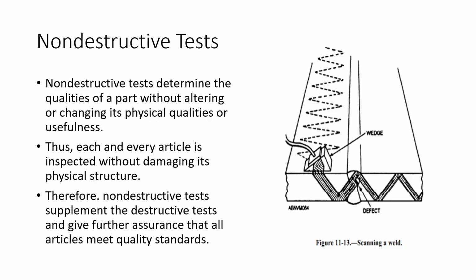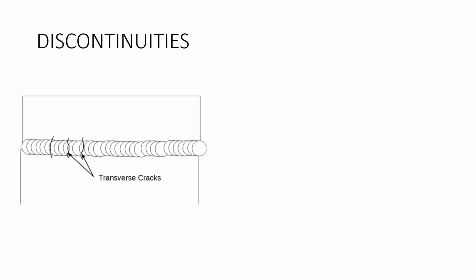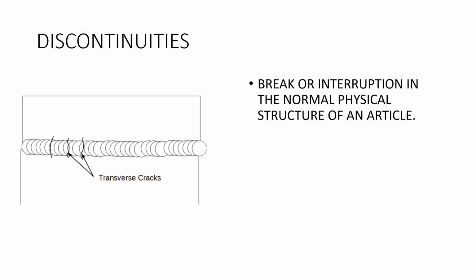So this is when non-destructive tests supplement destructive tests and give further assurances that all articles meet our quality standards. That's what we're looking for. So when we use the word discontinuity, we've got to have some vocabulary. We're going to do a little vocabulary building right here. A discontinuity is a break or interruption in the normal physical structure of an article. That doesn't mean that it's necessarily a defect.